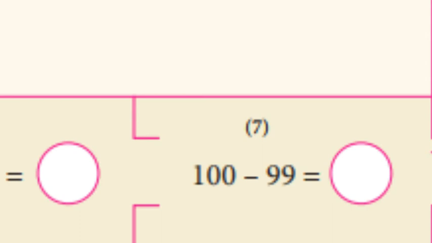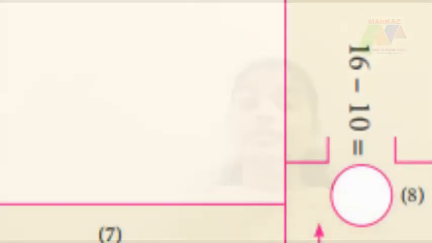Okay. Now the eighth one, 16 minus 10. That is, we have to subtract 10 from 16. So 16 minus 10 is equal to 6.